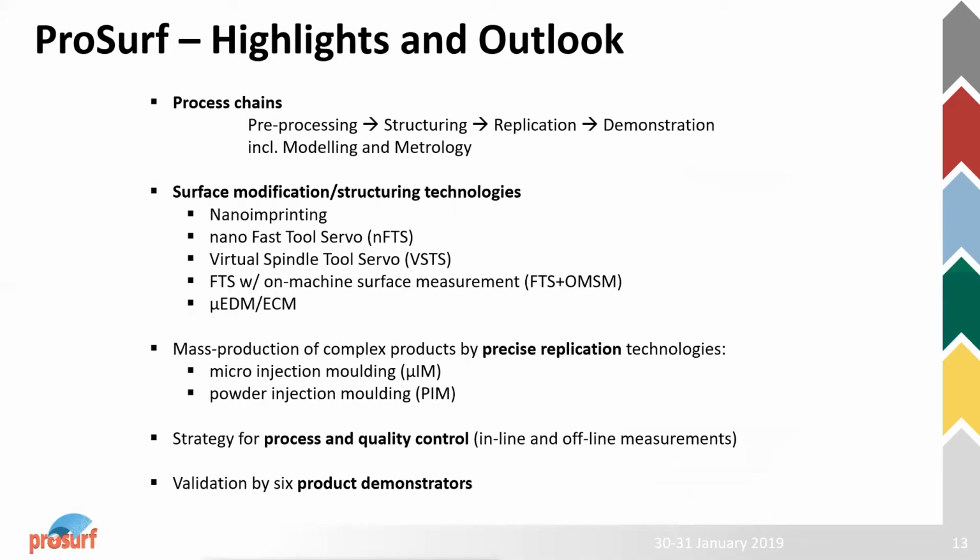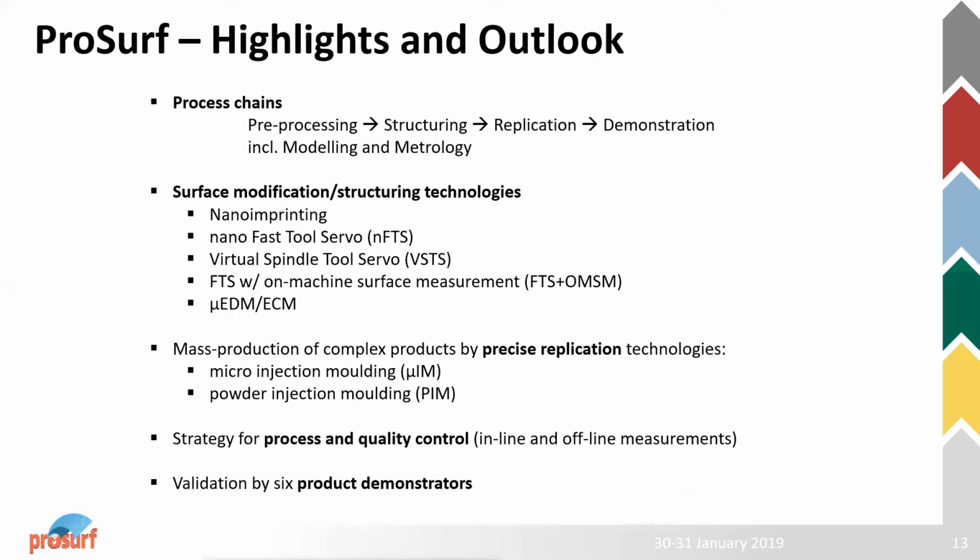So finally, I'd like to make some points here. We looked in the project at process change that we hopefully have demonstrated and shown, which included, besides pre-processing, of course, always necessary, the structuring and the replication. And besides this, the modeling and metrology was also required.